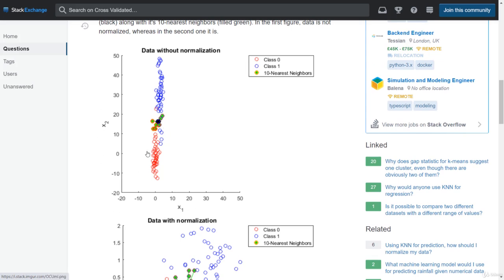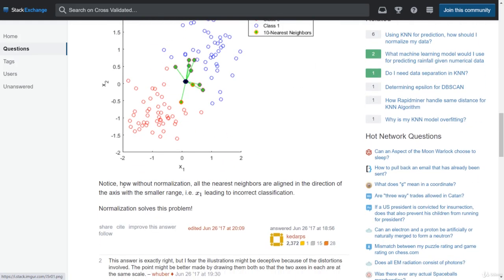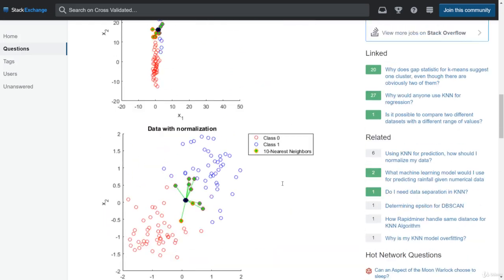And without normalization, the range of x1 is from 0 to 3, or 4, while the range of x2 is from negative 15 to nearly 50, okay?